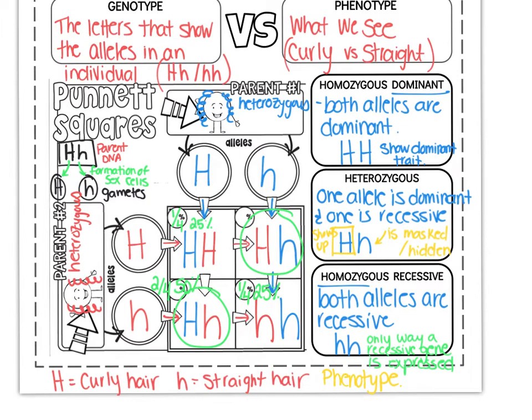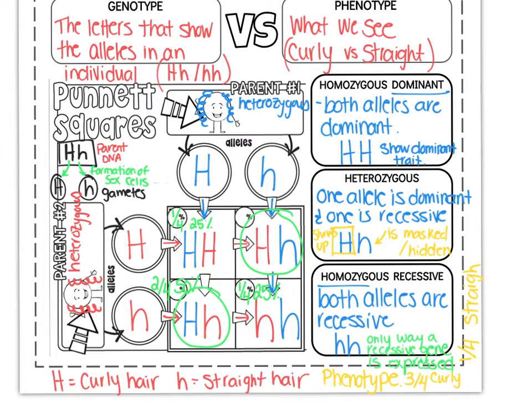So we have 1, 2, 3, and 4 of our offspring will have curly hair. Okay, so that means 75% of the kids here will have curly hair. And in our case, 1 in 4 will have straight hair because they have 2 recessive genes. Okay, so the genotype percentages may look different than the phenotype percentages.